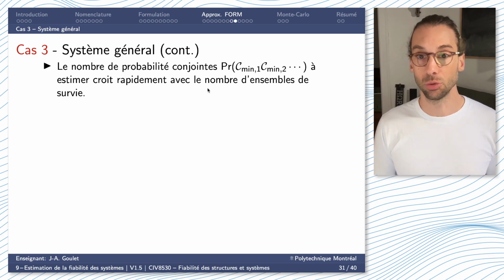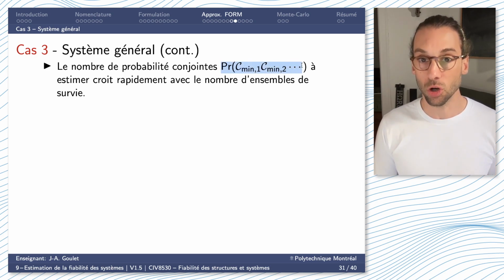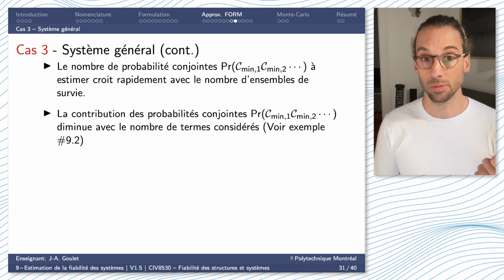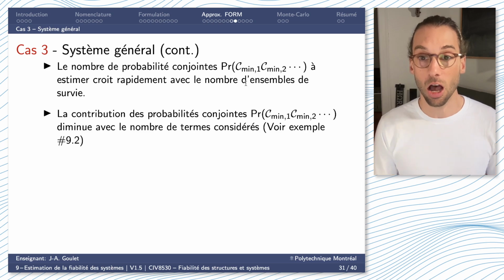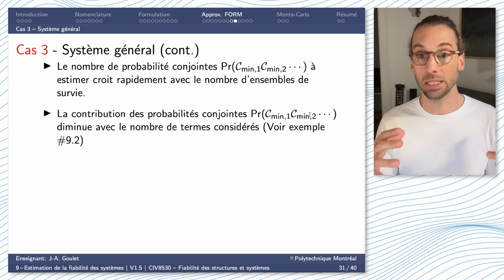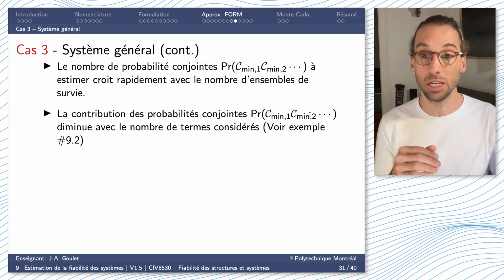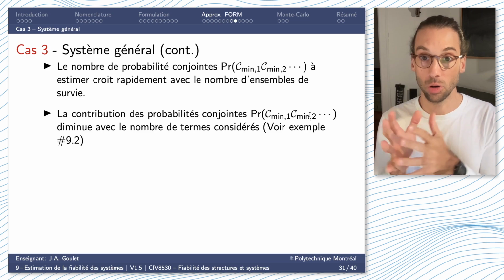The issue with that inclusion-exclusion rule is that the number of terms we're going to need to evaluate grows really quickly with the number of minimal cut sets. But the thing that plays in our favor is that the contribution of the probability of occurrence of events that contain more and more cut sets decreases exponentially as we increase the number of terms we consider.